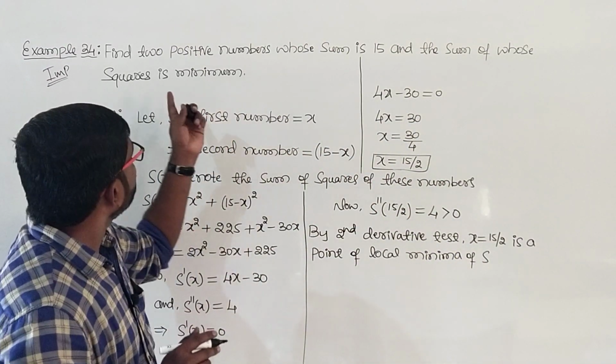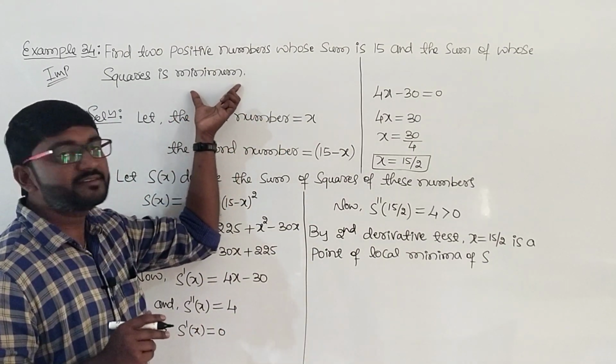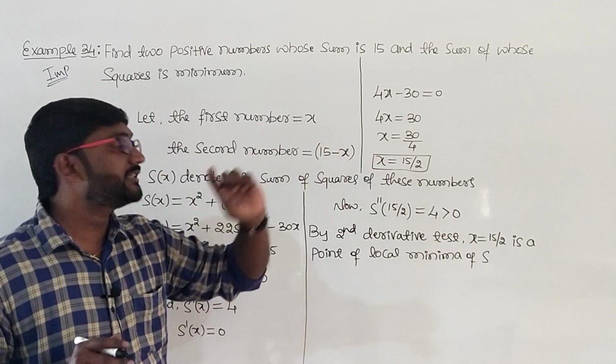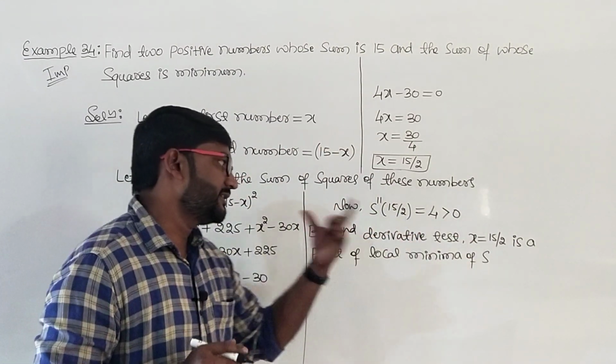That's what the question says: the sum of whose squares is minimum. Minimum means it has to be greater than 0. We have got S double dash of 15 by 2 greater than 0.